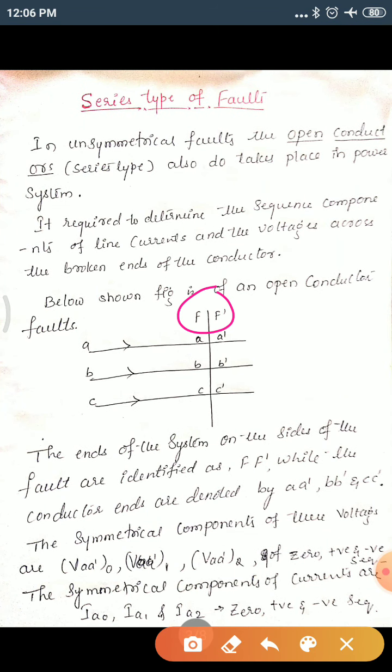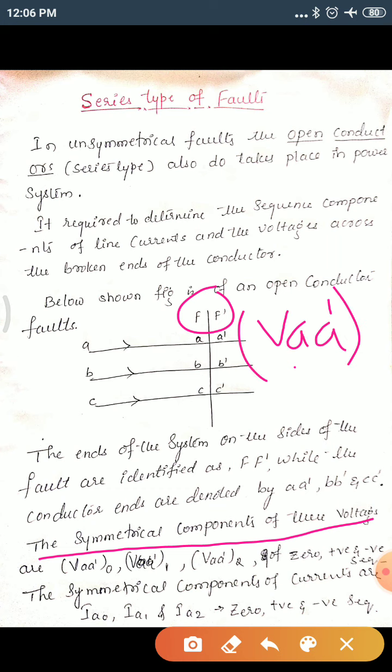Now we need to calculate the symmetrical components of voltages and currents. Let's see how we represent them. We represent VA dash of 0, where 0 indicates the zero sequence voltage of that conductor.